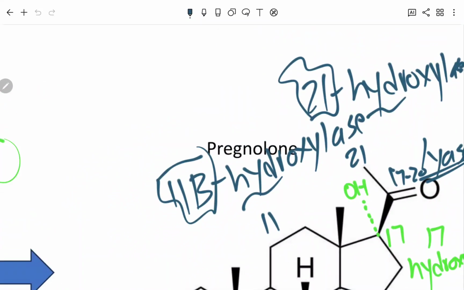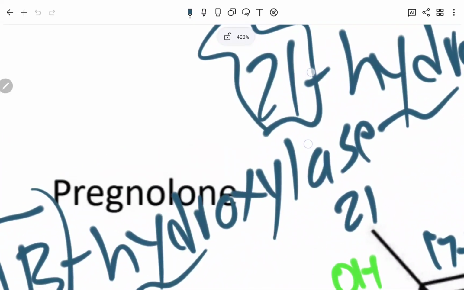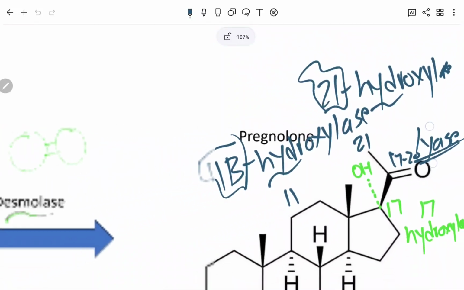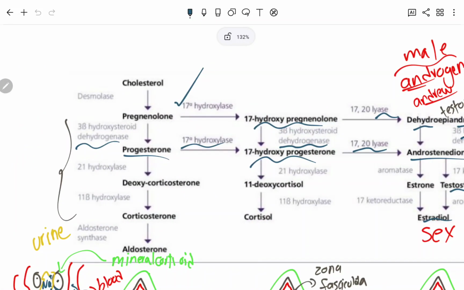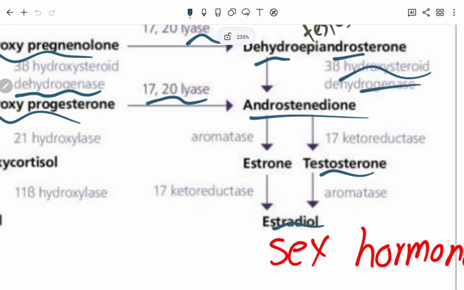Once again, you can undergo either of these secondary modifications, which are hydroxylation or the lyase, but not both. And so, since androstenedione has undergone the lyase step, we can't perform any hydroxylation on it. And so, we won't bring up any hydroxylase enzymes. We're going to bring up a whole different bunch of enzymes.